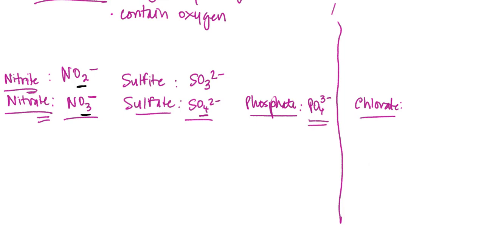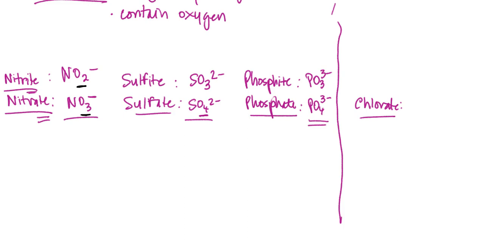Similarly with phosphate, there's also a second potential polyatomic ion that would form between phosphorus and oxygen, except its formula is PO3 3-. And so we would call that ion phosphite.